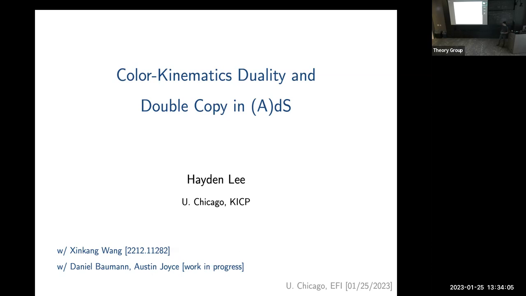This is pretty exciting because in general, computing gravity amplitudes is highly complicated. But what this relation says is that you can basically get gravity for free by starting from some much simpler gauge theory amplitude.